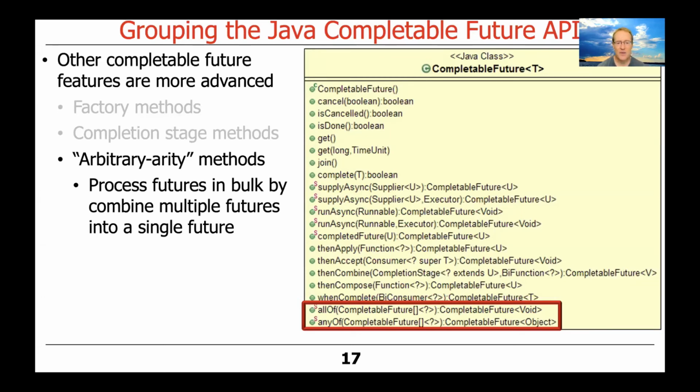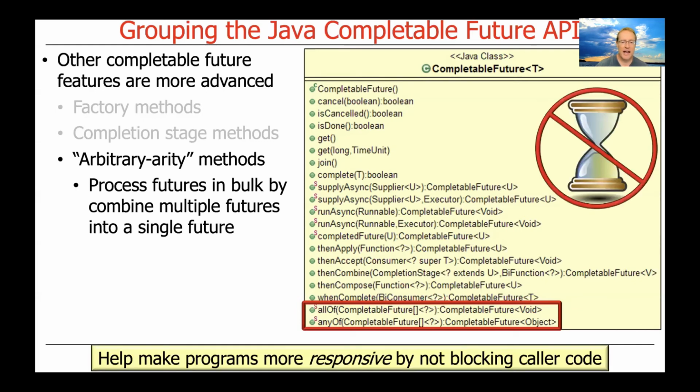And the other one is any of, which says when the first of all the parameters passed in completes, then the completable future completes. So you can wait for all of things or just the first one. And again, much like the completion stage methods, the arbitrary-arity methods help to make programs more responsive by not blocking the caller code.